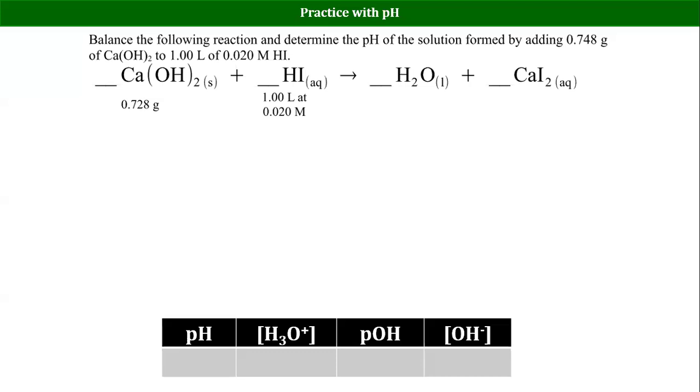Last new thing here. How do we get to hydroxide concentration? We can undo pH or pOH. Let's rewrite this here.